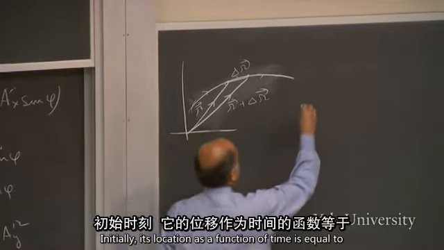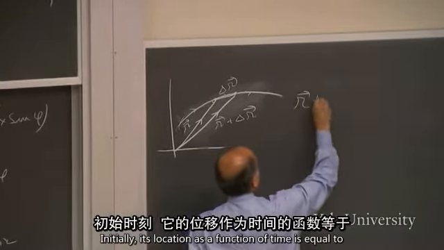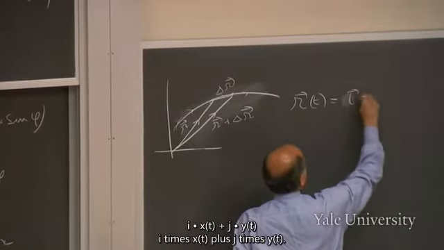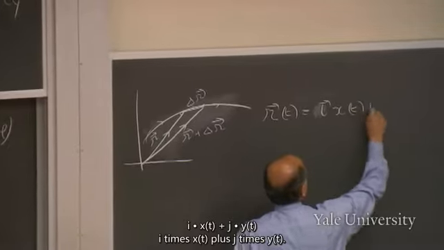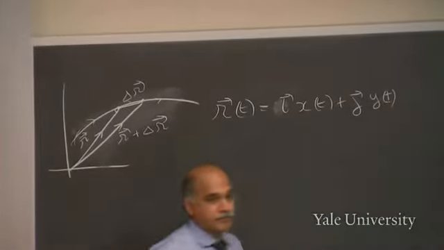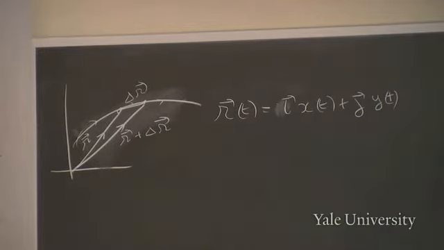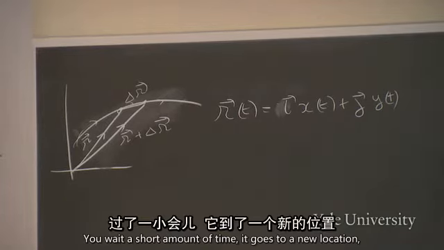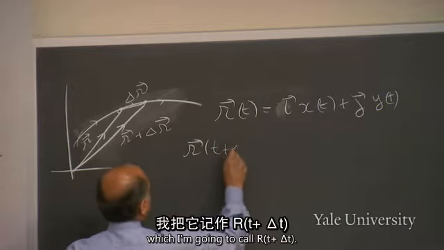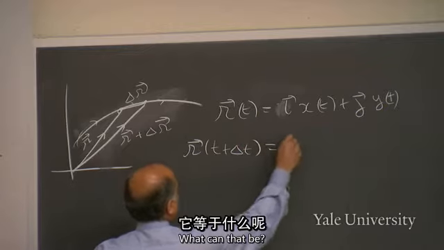Initially, its location as a function of time is equal to i times x of t plus j times y of t. If you wait a short amount of time, it goes to the new location, which I'm going to call r of t plus delta t. What can that be?